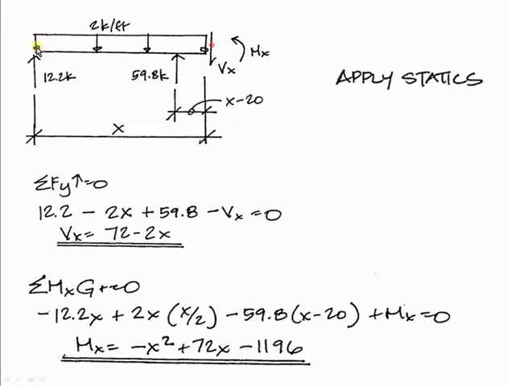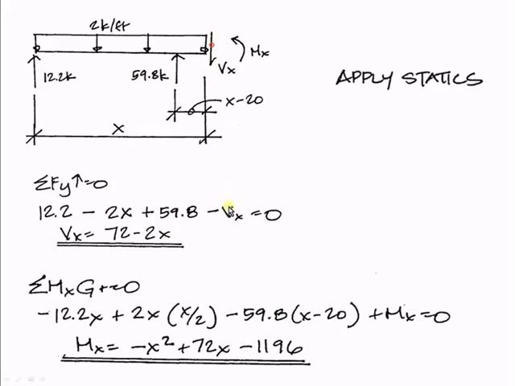So minus 2 kips per foot acting down multiplied by x. That's the total area under this distributed load. So again, we still have the same minus 2x term. This was the formula we created before. But now we have this 59.8 kips acting up, so that's positive.